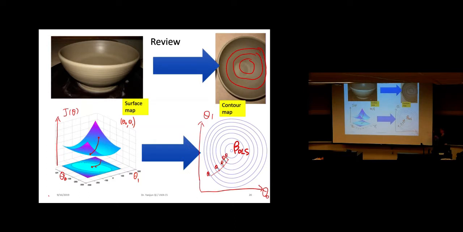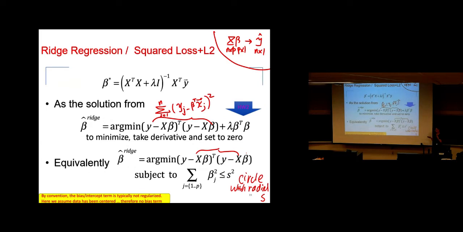All right, so now I have this solution. What does it even mean? I'm adding that beta transpose beta, right? I'm trying to look for a minimal solution with this bowl shape of the loss function. At the same time, I want to make sure the summation of my beta vector's quadratic form is within s quadratic.